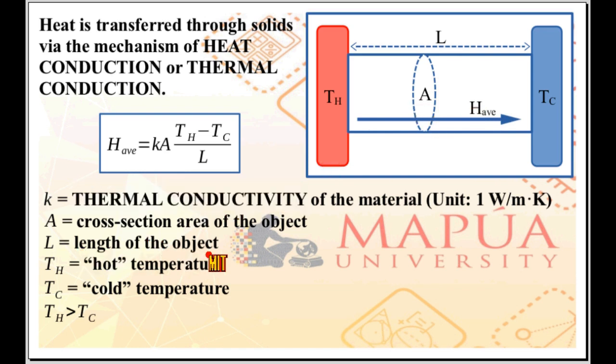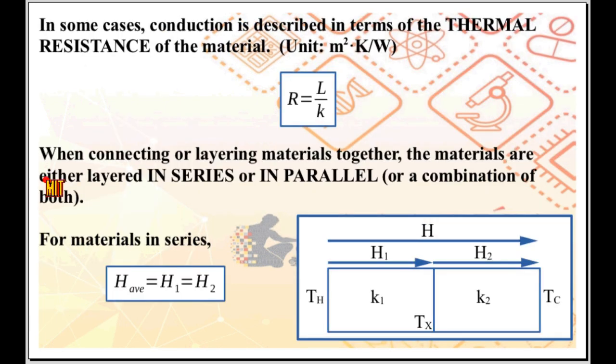L is the length of the object, the distance between TH and TC. H average is equal to K A (TH minus TC) over L. Heat conduction through solids.